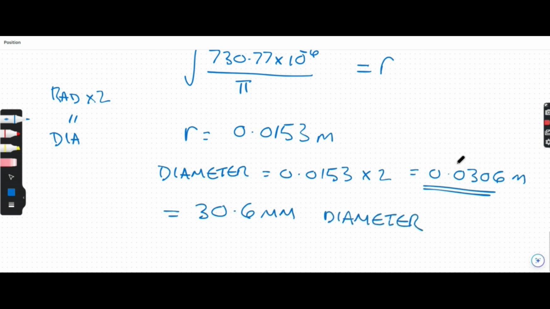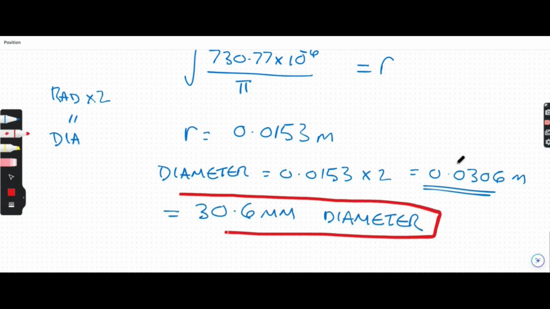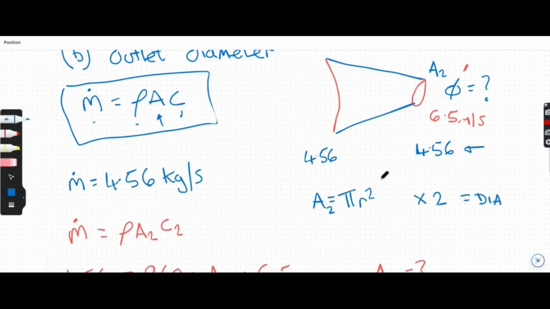Okay, that's the diameter that I need. What does that mean? Good question. That just means the diameter of this pipe coming out here needs to be about 30.6 mil if we want 6.5 to come out of it.